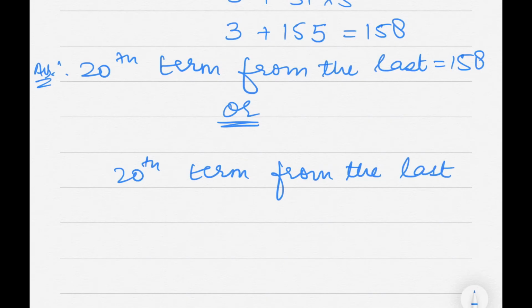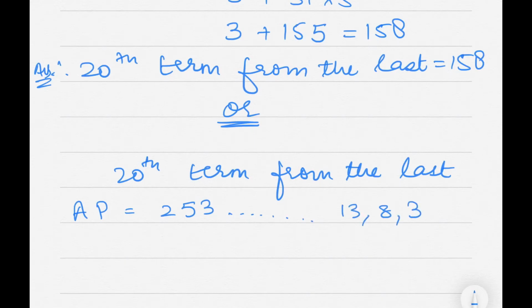So what I can do is write down my AP in the inverse way. I can start the last term as my first term. So if I start my last term as first term, my AP would become 253 and so on, then 13, 8 and 3.